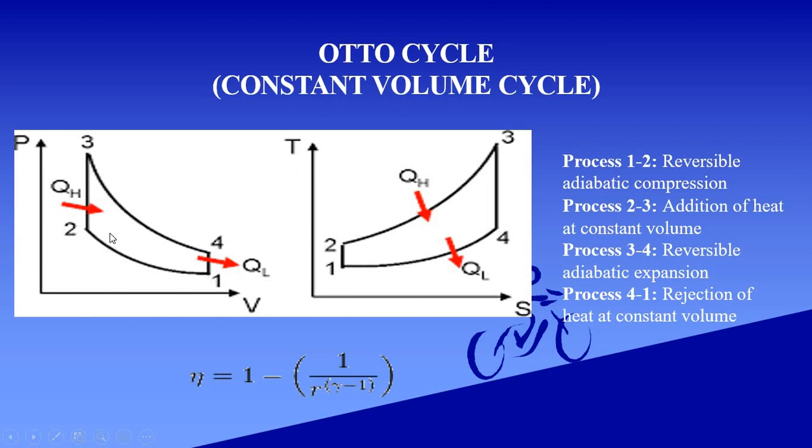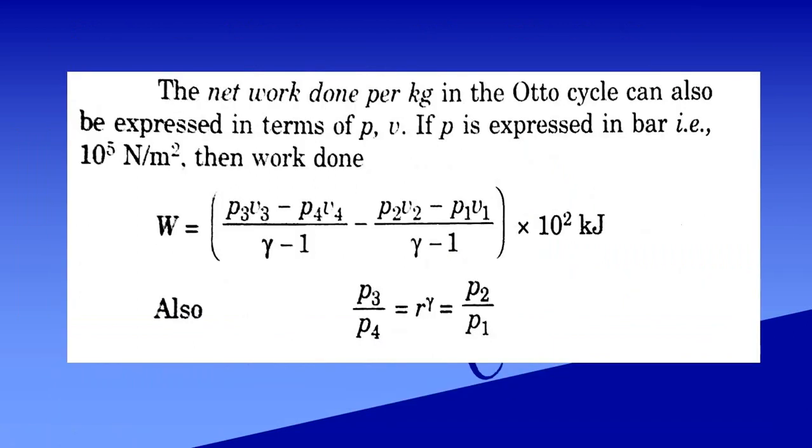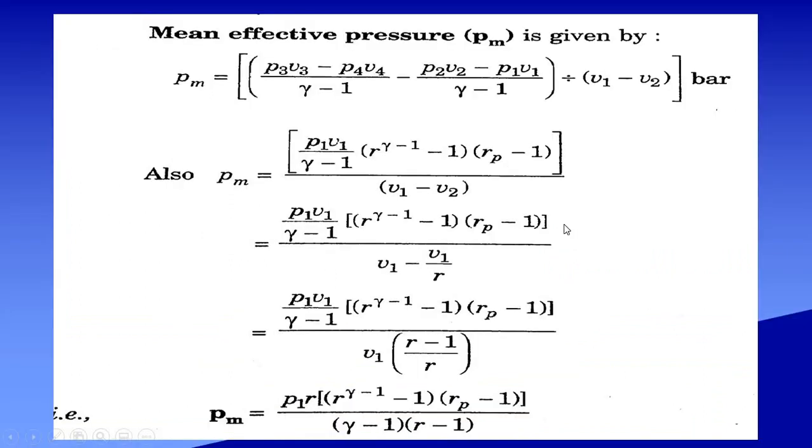When you subtract V1 and V2, you will get the stroke volume. The same you are going to see here. So for the mean effective pressure, this is the work done, and this is the stroke volume.